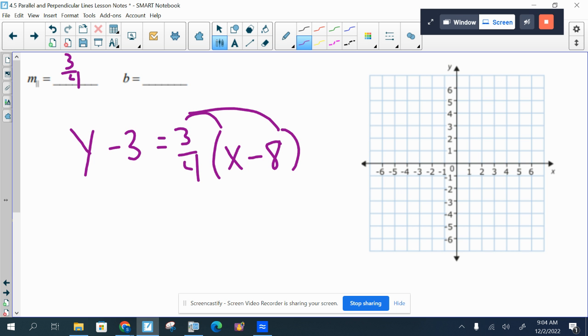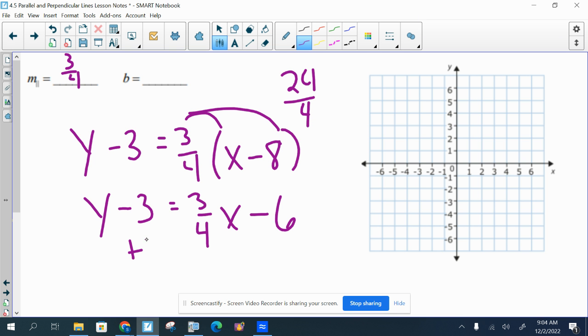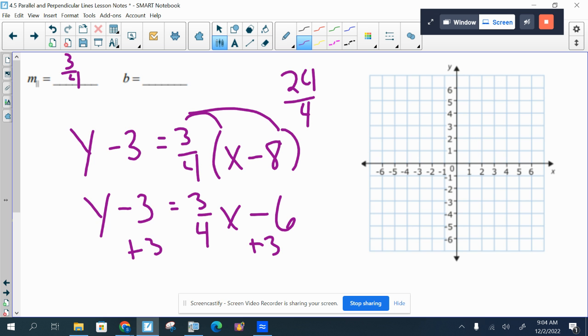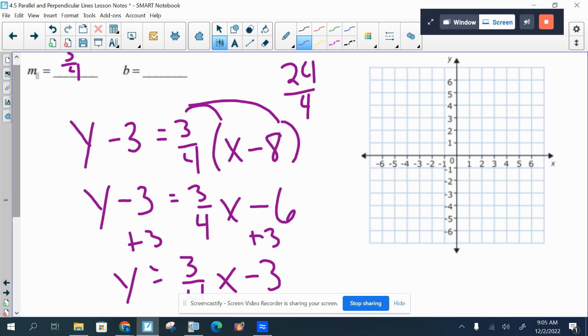So we'll distribute. 3/4 times 8 would be 24/4, which is 6. Add the 3 over. So we get y equals 3/4 x minus 3. So the b is negative 3.